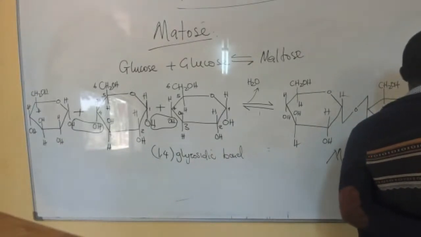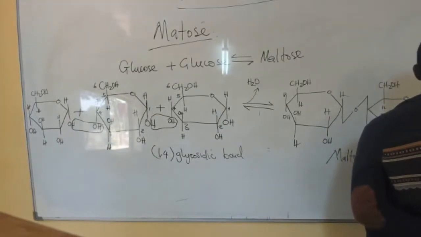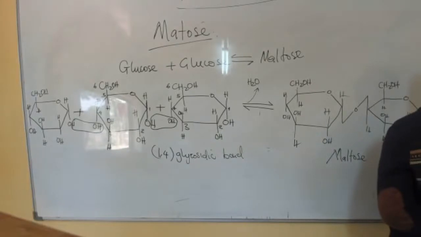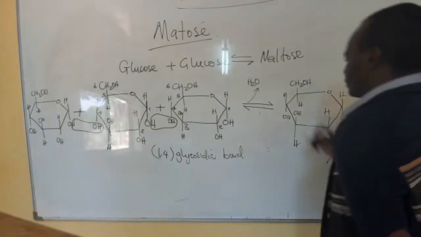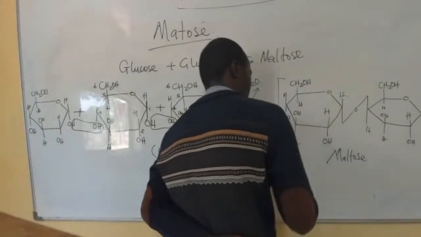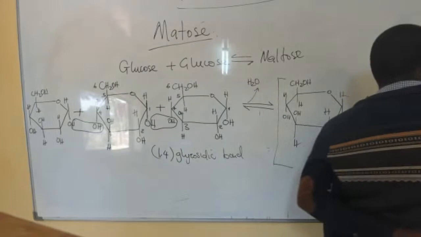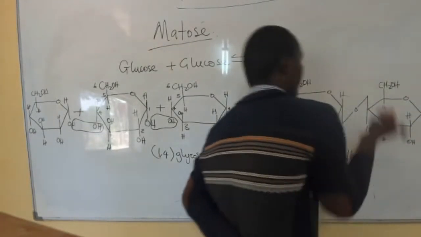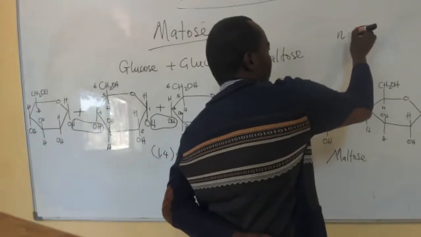So remember, in the case of polysaccharide, you can illustrate the formation of a polysaccharide by simply putting N here, where N can be any number of glucose residues.